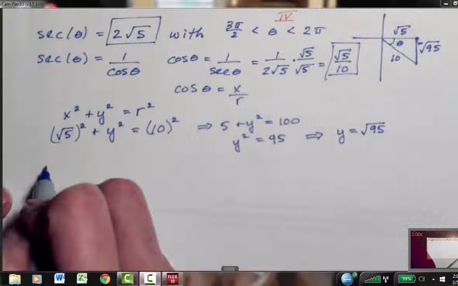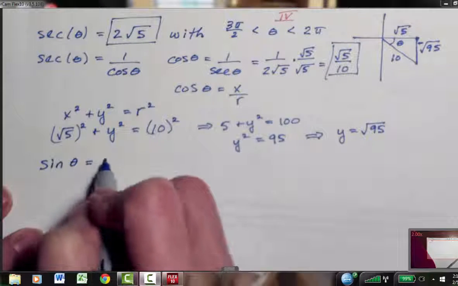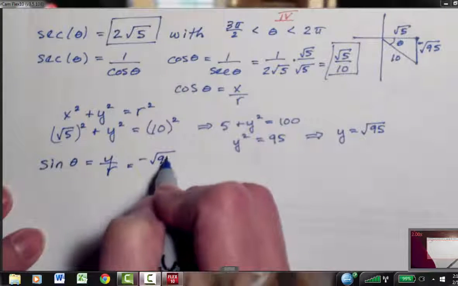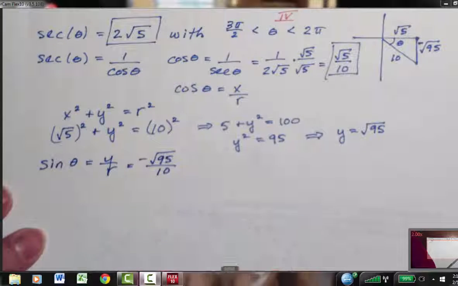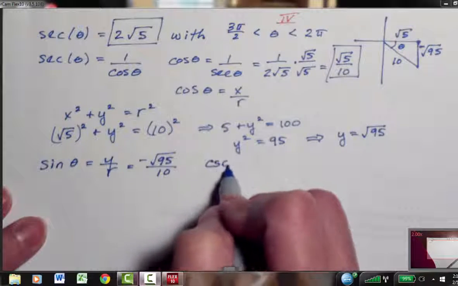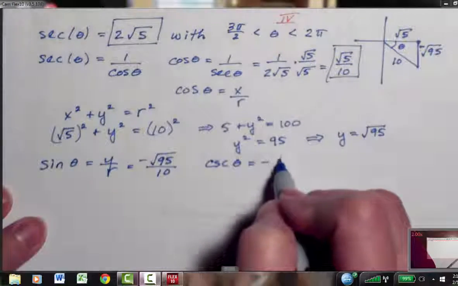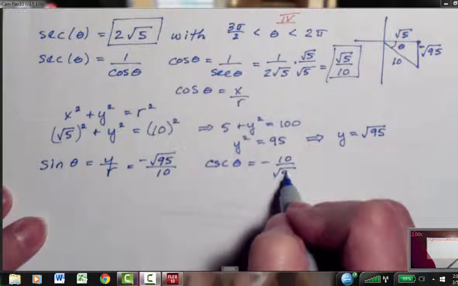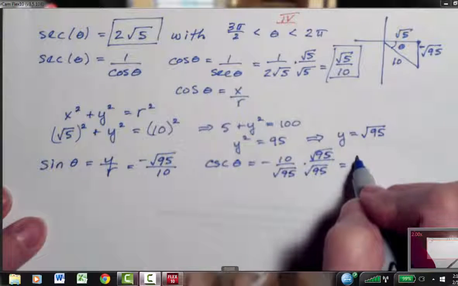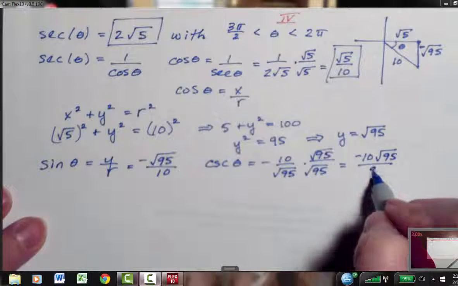So the next one we're going to find is the sine of theta. That's equal to y over r, which is negative the square root of 95 over 10. Once we found that, it's easy to find the cosecant of theta because it's the reciprocal, and that's going to be negative 10 over the square root of 95. And then we need to rationalize the denominator, and we end up with negative 10 square root of 95 over 95.